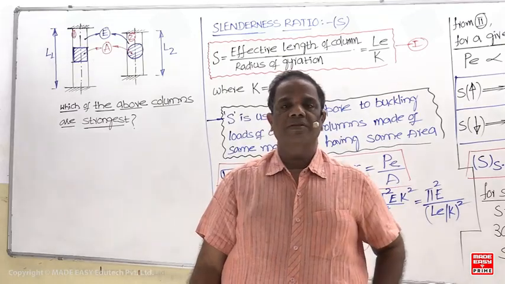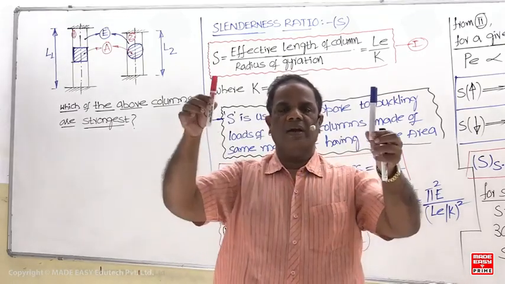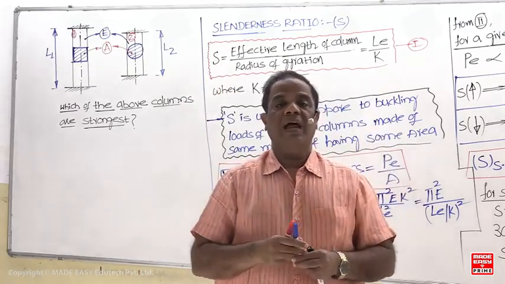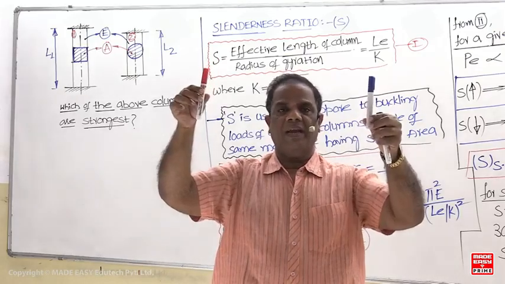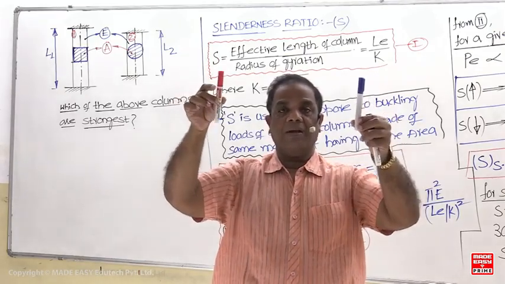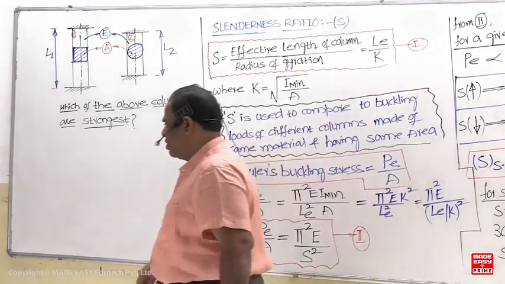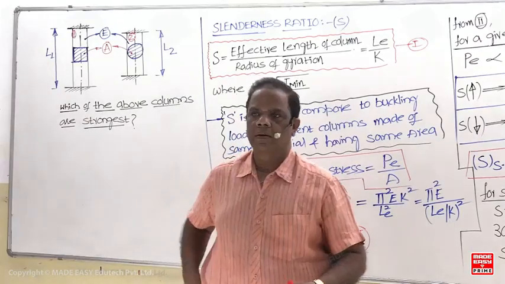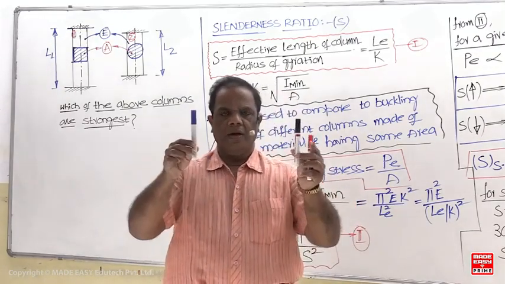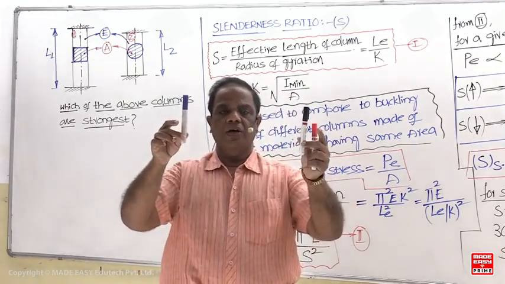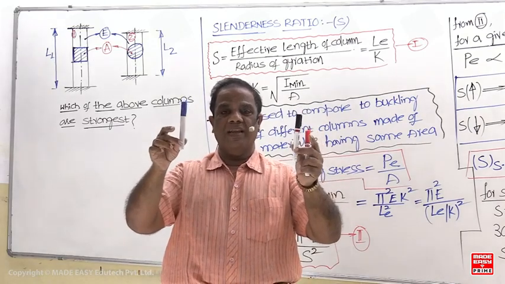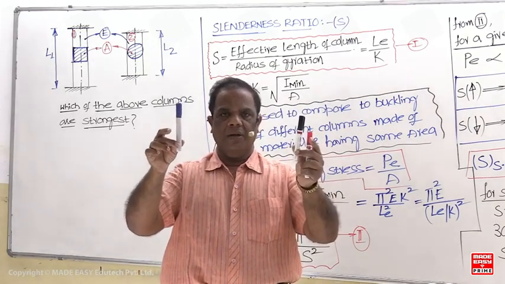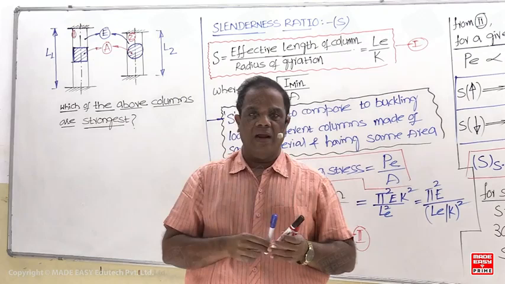If there are two columns, one is a solid circular, one is a hollow circular. Both have the same length, same material, same end condition, but cross section is going to be different. So we have studied the ratio of the buckling loads of two columns which are made of the same material, same length, same end condition, but one is a solid circular, one is a hollow circular.